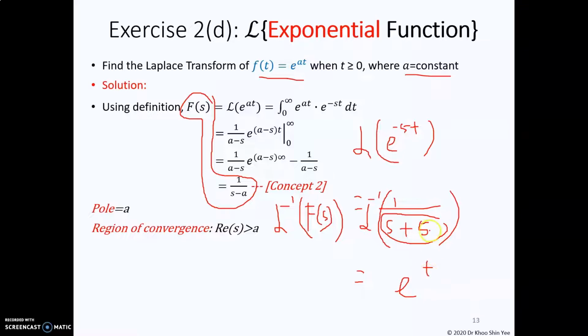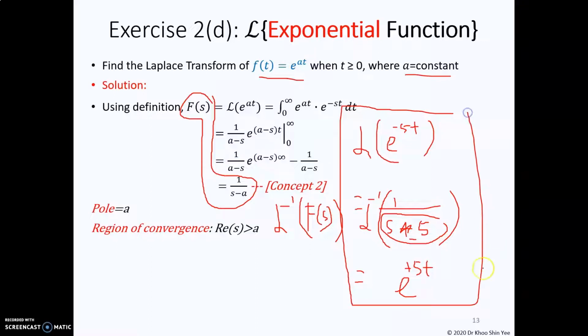So you have positive 5 here, you should get negative 5 here. So if this is negative, then you should get positive here. So you have to remember this pattern, it will be very useful for you. If you have constant equal to 0 here, you'll just have 1 over s, you have the exponential 0t, which is equal to 1.